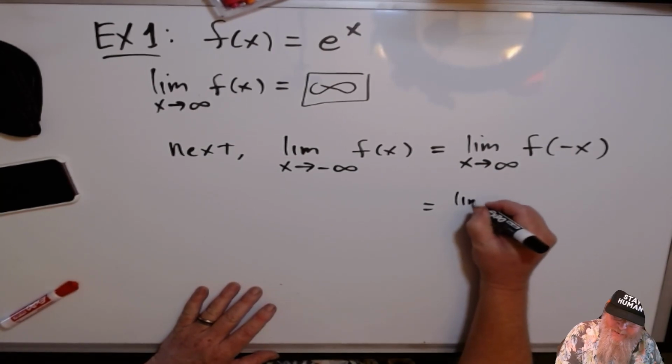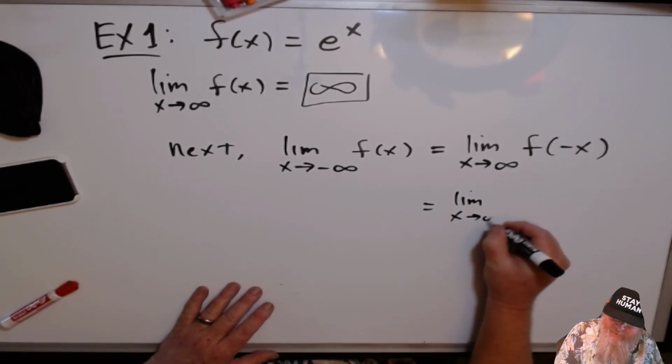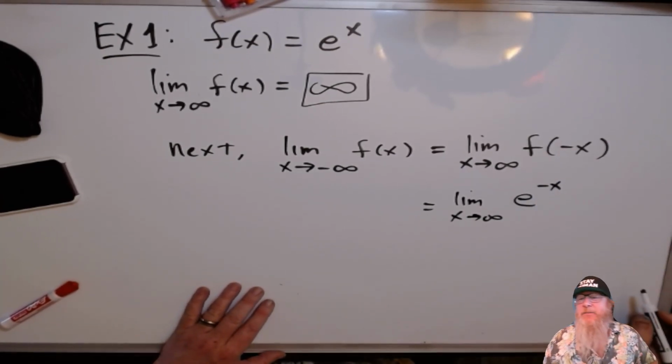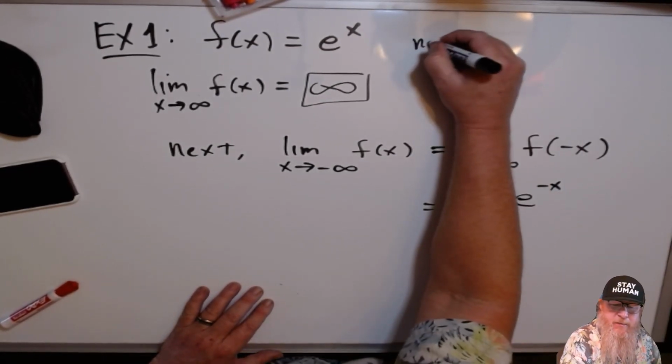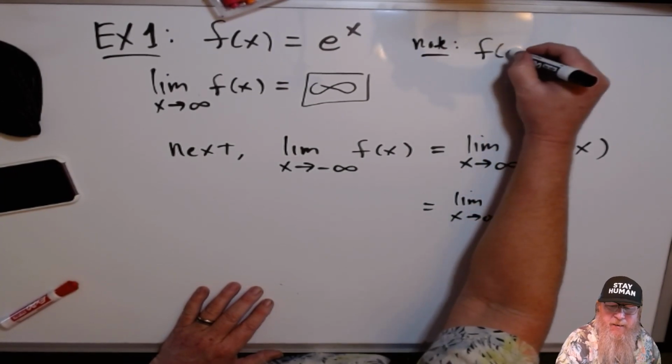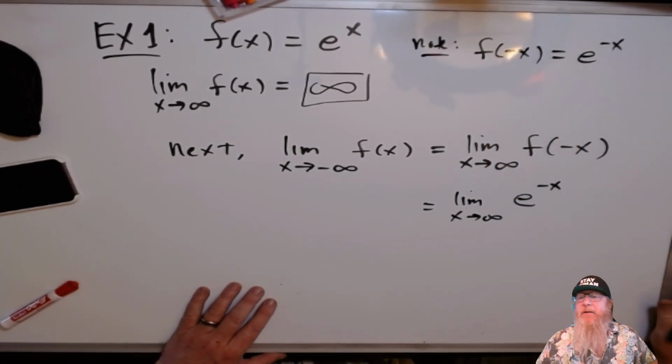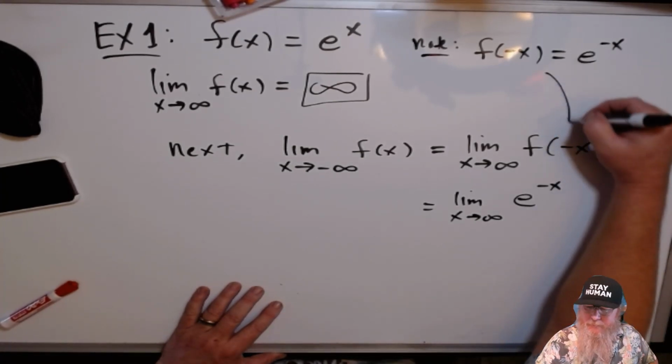So this will be the limit as x goes to infinity of e to the negative x power. So I'll make a note up here. F of negative x is e to the negative x power. All right.